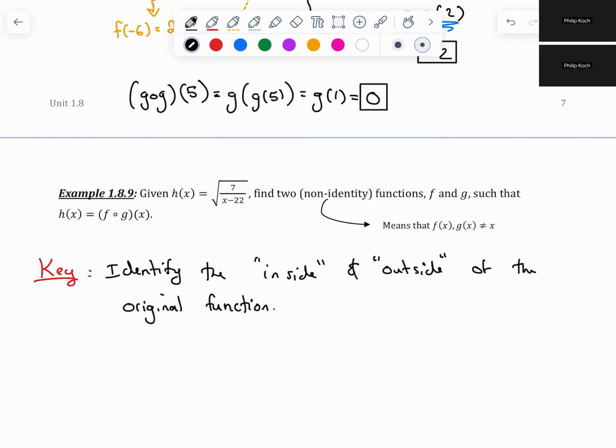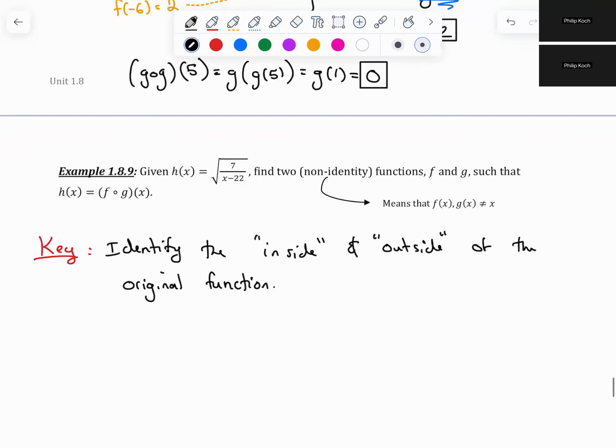And that is as straightforward as you think it would be. One of the cool things about these problems, by the way, is there's actually a lot of different options. There are infinitely many ways to compose two functions to create that, which is pretty nifty. But the most intuitive way is to look at it purely as inside and outside.